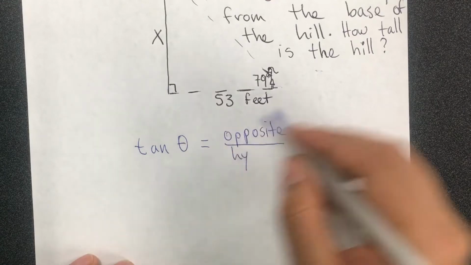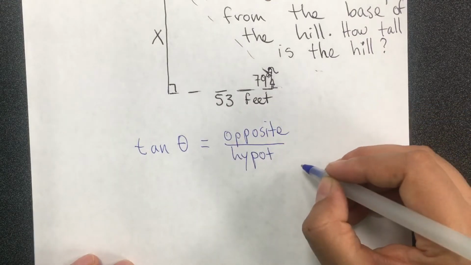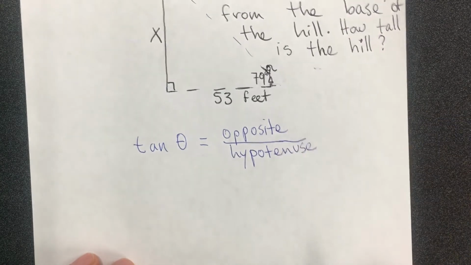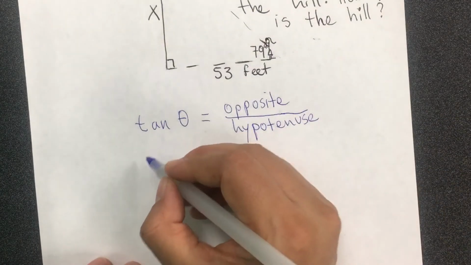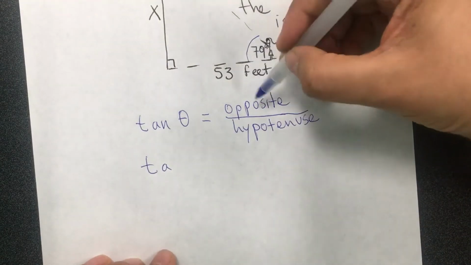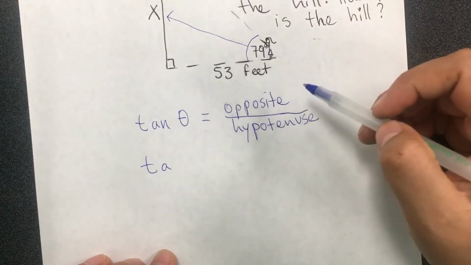The more you write this relationship, the easier it's going to be to remember, okay? First of all, this is the angle. Opposite is exactly in front of that angle.